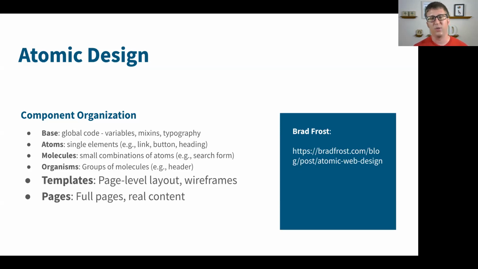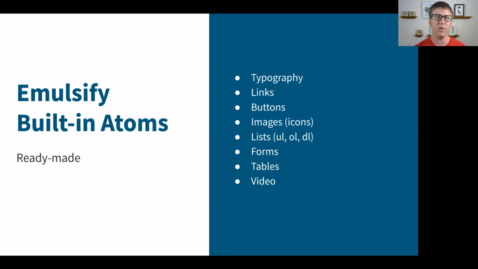But now let's jump into what you will see when you first open your Emulsify theme. So first of all, Emulsify ships with add-ons that are ready-made for prototyping. These are the most common basic elements of a website. They're minimally styled and ready to be tweaked for your project's needs. Emulsify also ships with some example molecules, organisms, templates, and pages that can help beginners see how components come together.